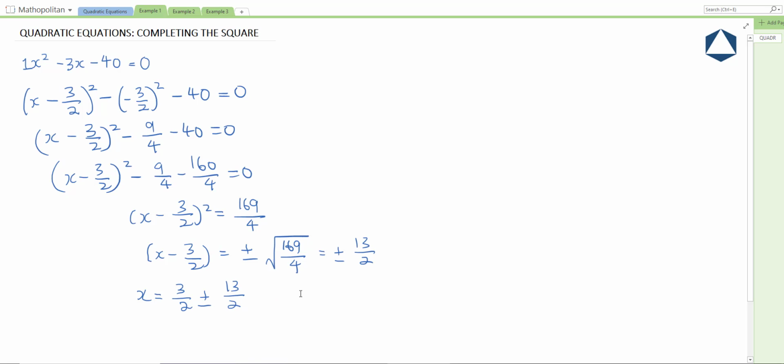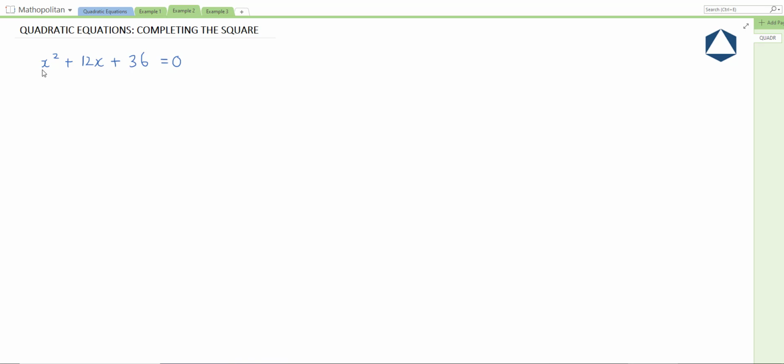So here we can write this as x equals 3 over 2 minus 13 over 2, or x equals 3 over 2 plus 13 over 2. So 3 over 2 minus 13 over 2, that's negative 10 over 2, which is equal to negative 5. And here this is 16 over 2, which is equal to 8. So the two roots here are negative 5 and 8.